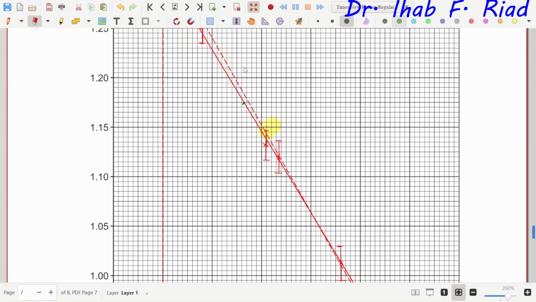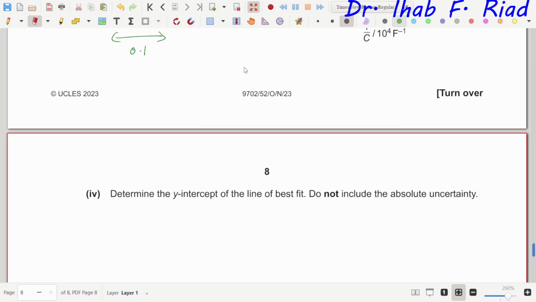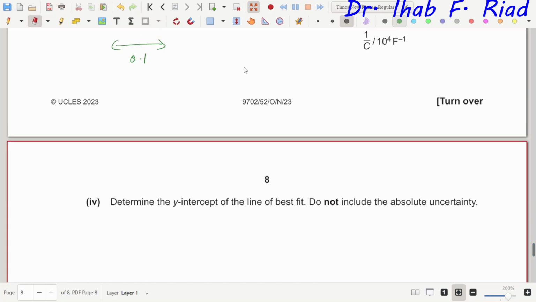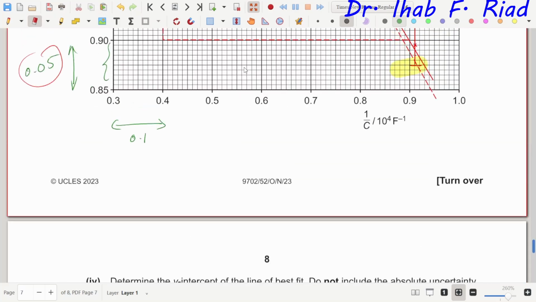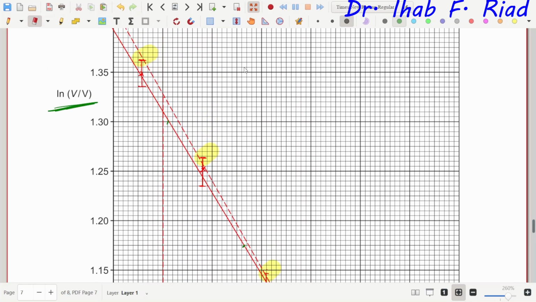Okay, now the next question is: determine the y-intercept of the line of best fit. Do not include the absolute uncertainty. So how to do that? We are going to take a point on the graph. Let us say I will pick this point.